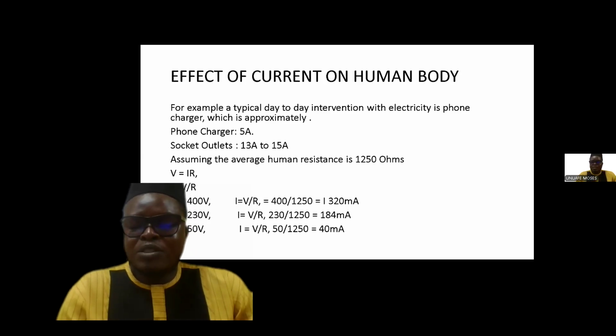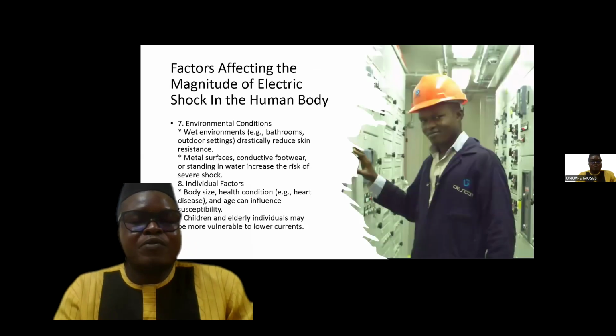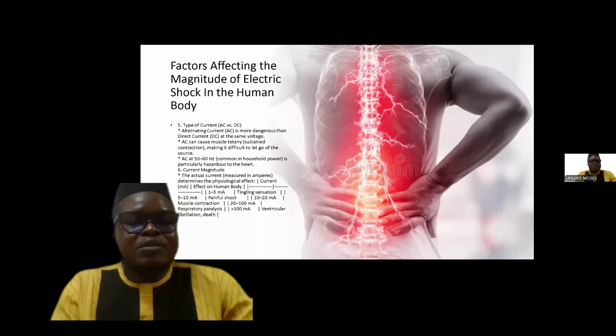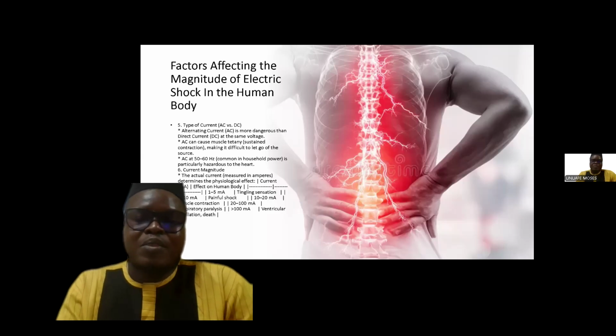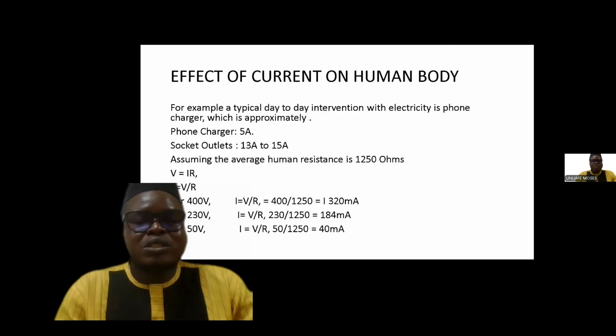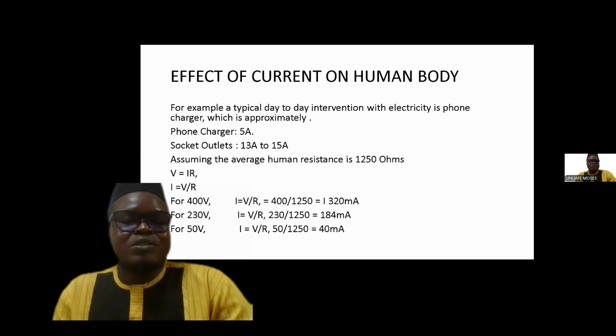So if you look at 40 milliamps in our previous explanation, you see that from 10 to 20 is muscular contraction. From 20 to 100 milliamps is respiratory what? Paralysis. That is how dangerous exposing yourself to electricity is.